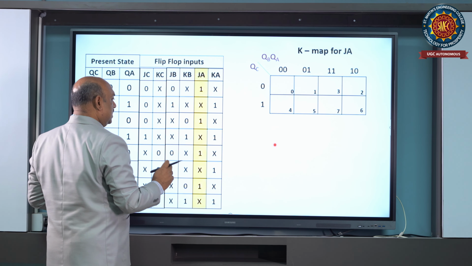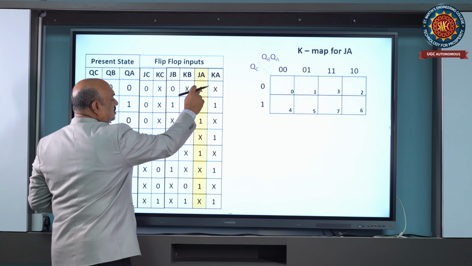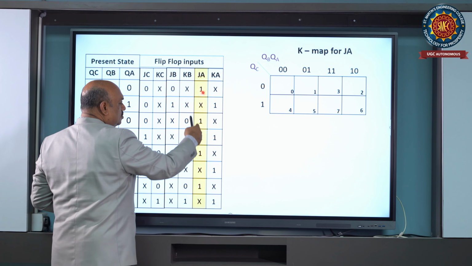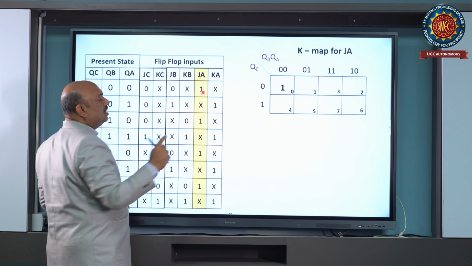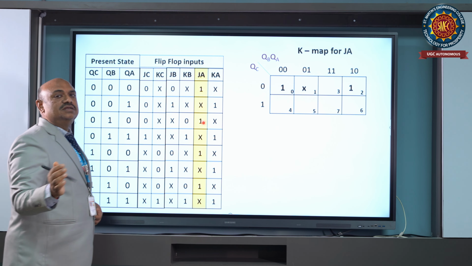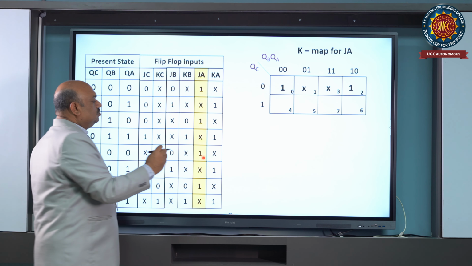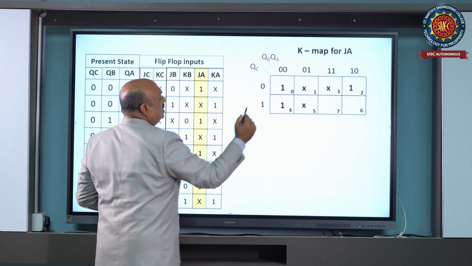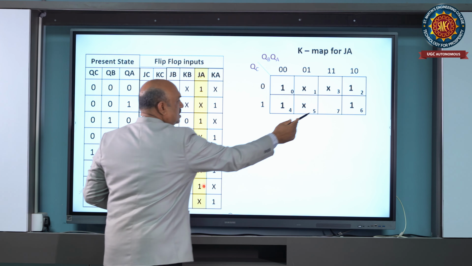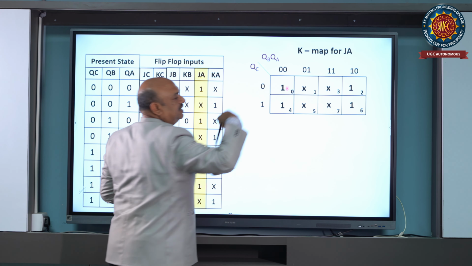Finally, JA and KA. The JA, KA equations are also very simple. Here, it is very important to note that there is no 0 in this line. So don't care can also be considered as 1, since a don't care can be 0 or 1. So with no 0, everything is filled. This forms one octet.